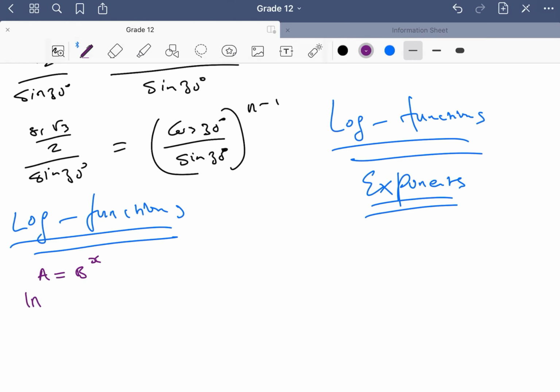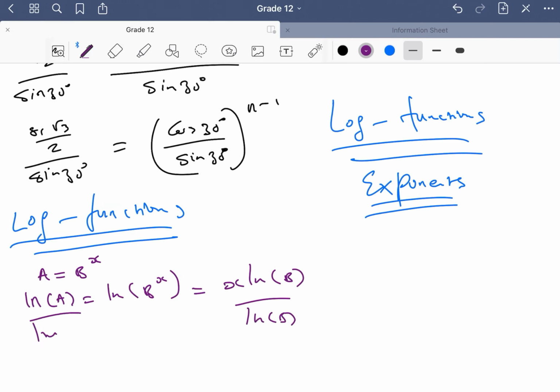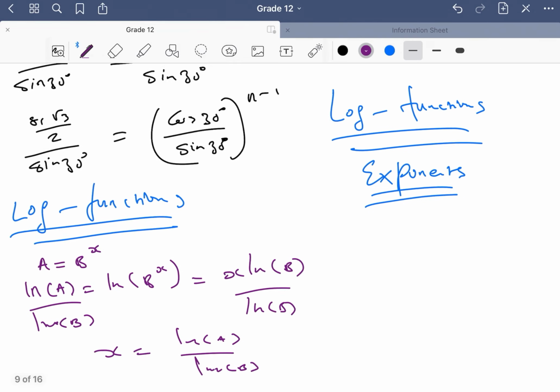So we're just going to use natural log. ln a is equal to ln b power x, and then that power x goes down there, so this is equal to x ln b. Then from here you can solve for x, because now you can divide by ln b on both sides. Then your x is equal to ln a over ln b.